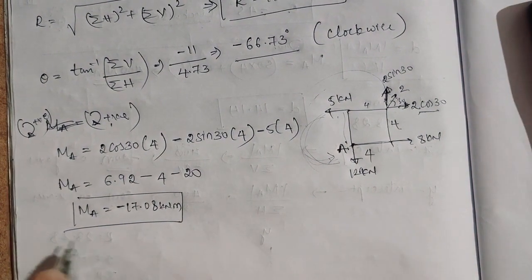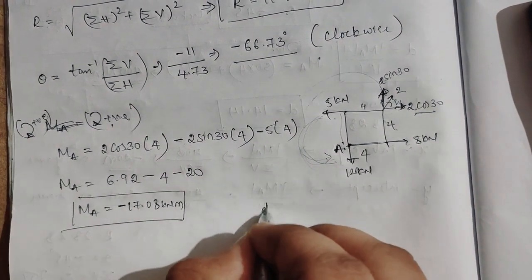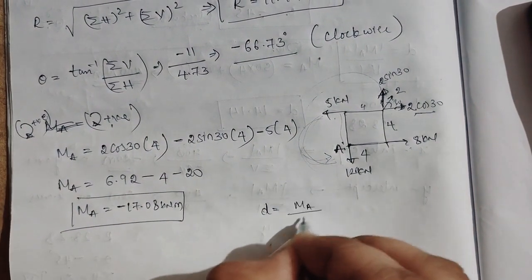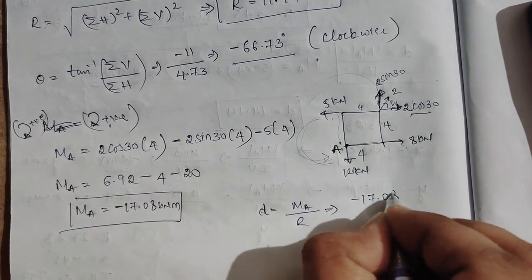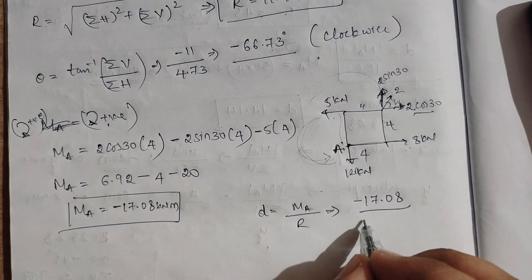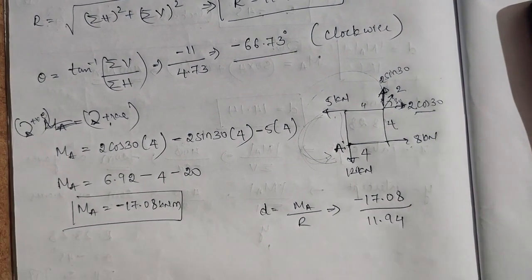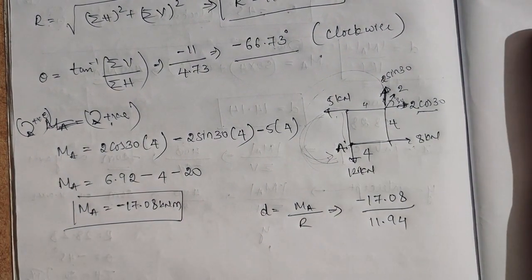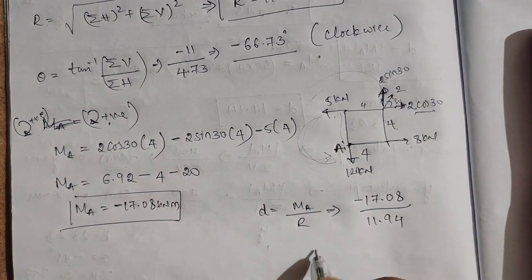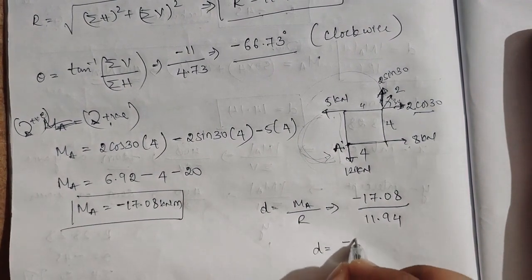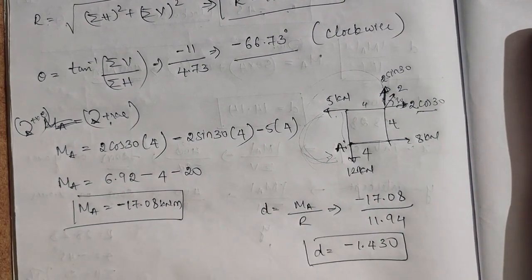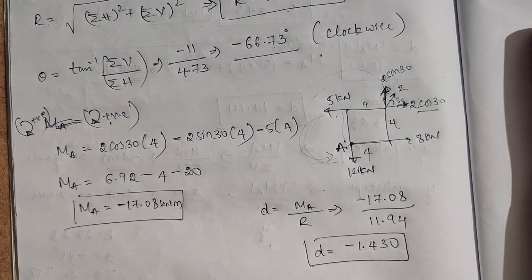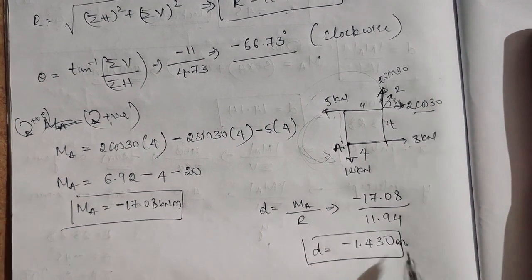Now you find the distance D. D is equal to moment about A divided by R. So minus 17.08 divided by R, which is 11.94. The distance value will be minus 1.430 meter.